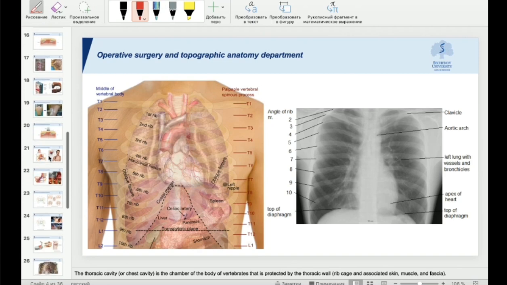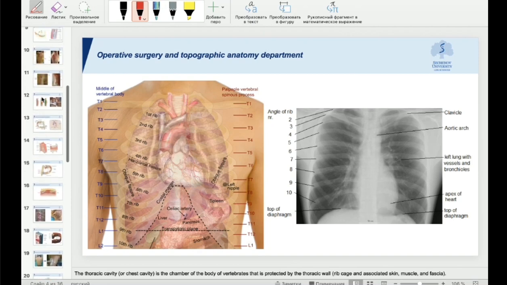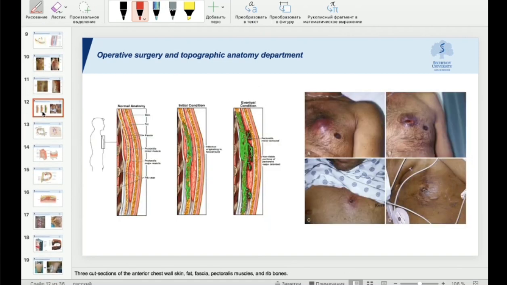Let's look at the inflammation inside. In this picture, you can find a patient with an abscess in his pectoral region. At the left side of the screen, you see the projection, firstly, of normal anatomy of the thoracic wall.